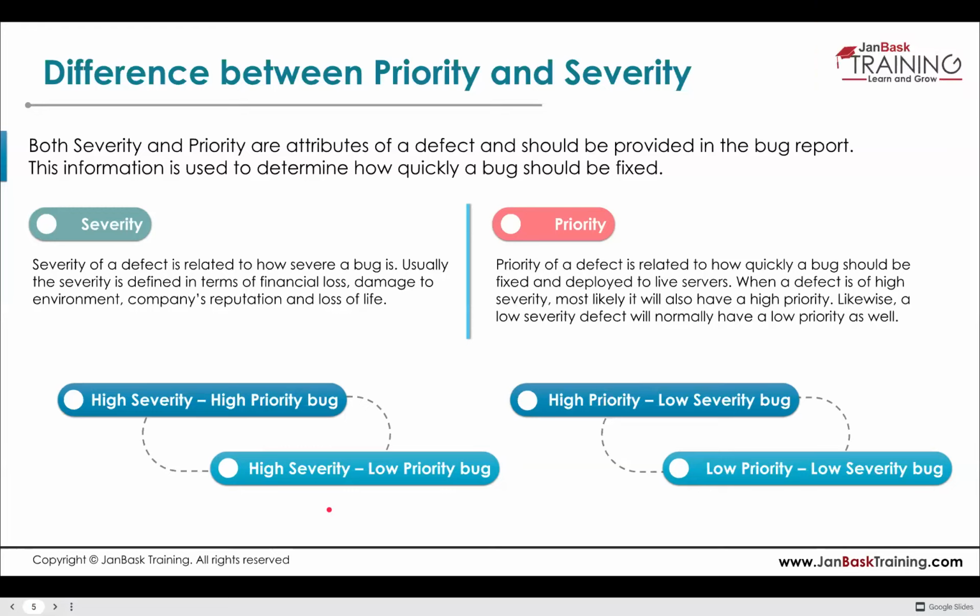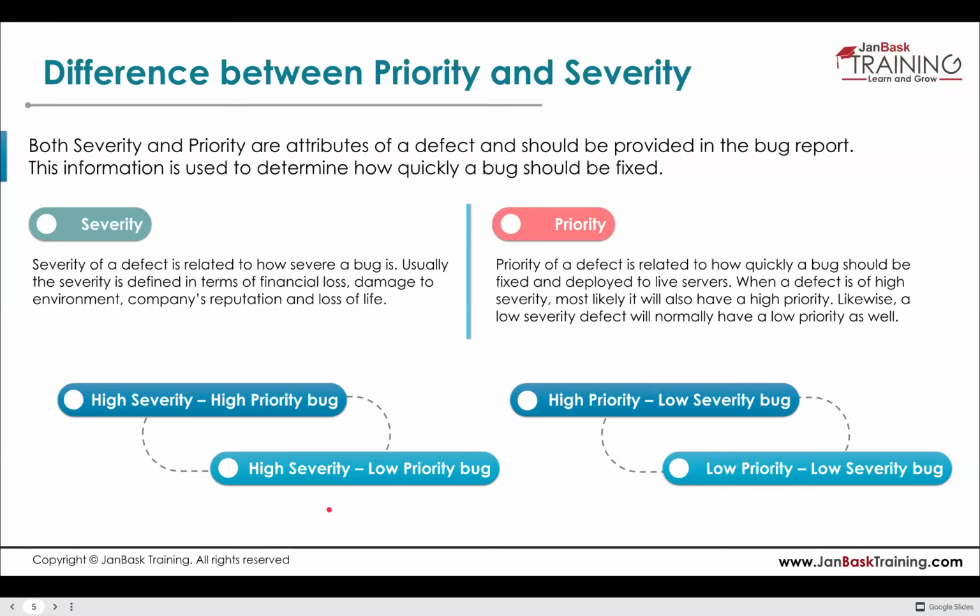Although it's affecting the functionality of the application, we are not able to launch that particular page. But as very few users are going to actually use that page, it's a low priority bug. Although it's a high severity bug, we can term it as high severity, low priority, and the developers can fix it in the future as well.